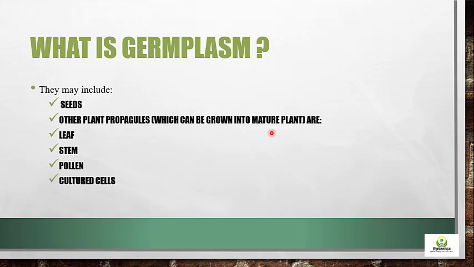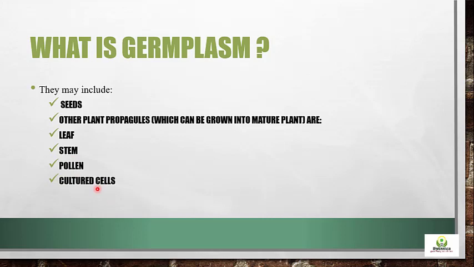So those potatoes and stems which have the capacity to make a new plant may also be conserved. They are also called propagules. There may be a leaf, a stem, or pollen, as all of these contain cultured cells.